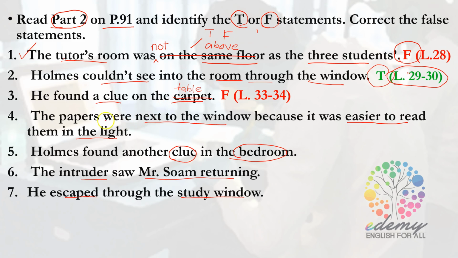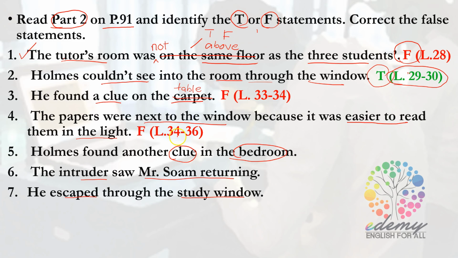We move on to the fourth statement. The paper was next to the window because it was easy to read them in the light. The answer is false. You can find it on lines 34 to 36. So let me read out for you.